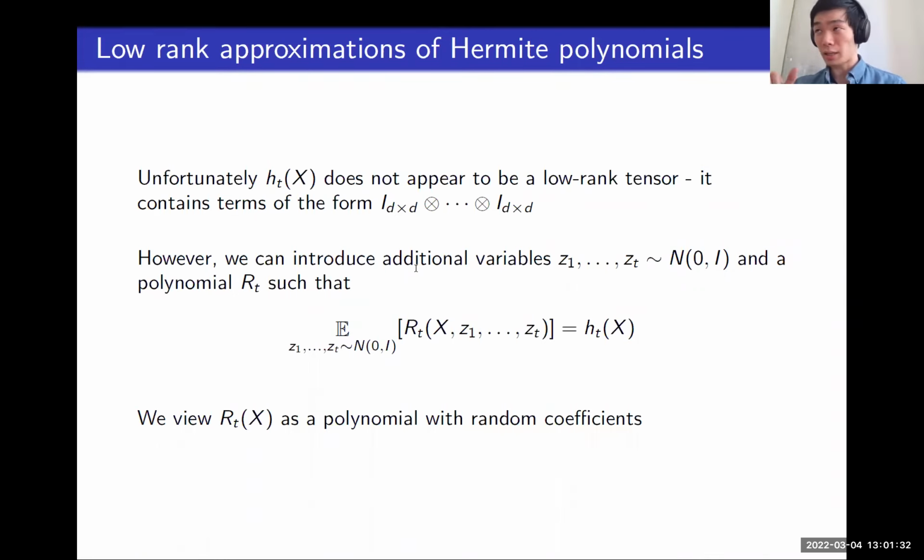And then what I can ask is, how can I add and subtract these tensors of Hermite things of the Z_i so that the only terms that are left are the rank 1 terms? So that's another way to think about it.